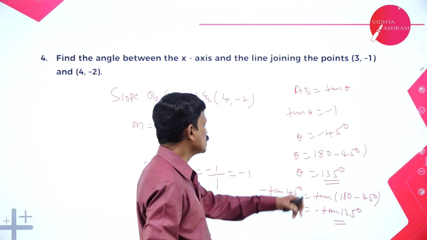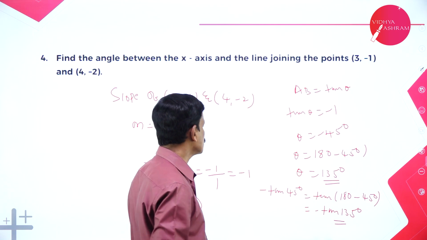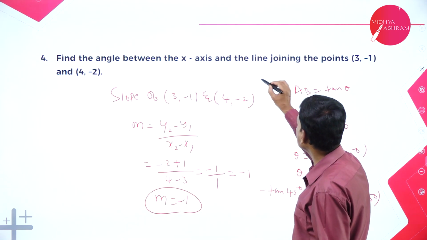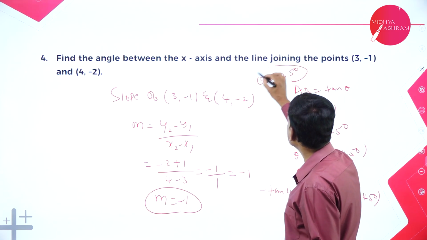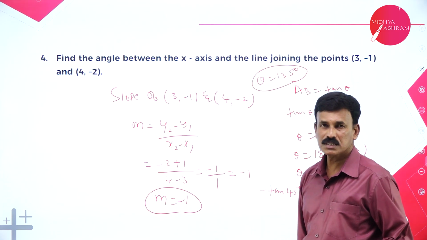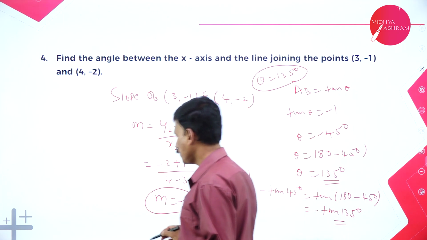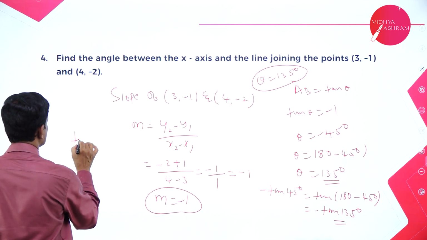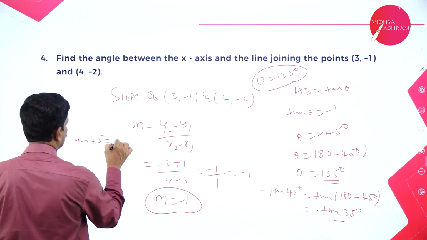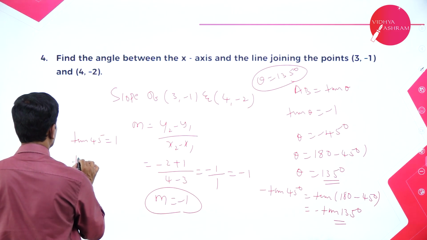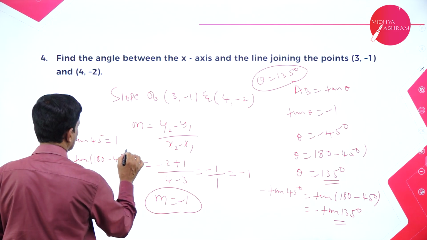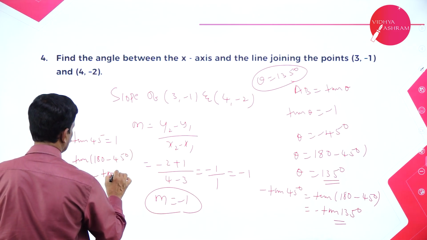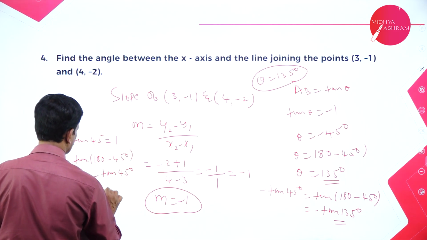Therefore, theta is equal to 135 degrees. That's it. Because, you know, what is tan 45? Tan 45 is 1. So, tan of 180 minus 45 is minus tan 45, that's equal to minus 1.